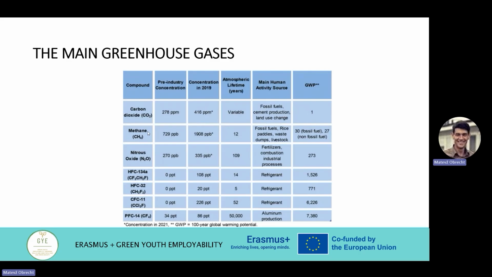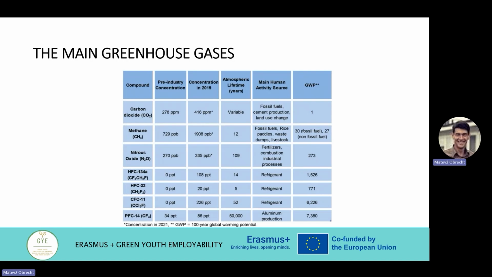Then we have methane, whose GWP is from 21 to 30 times higher, depending on the methodology and the source that you're using. It is also from fossil fuels, waste, livestock, and so on. Then we have nitrous oxide, which has a GWP of 273. It is caused by fertilizing, industrial processes and so on.